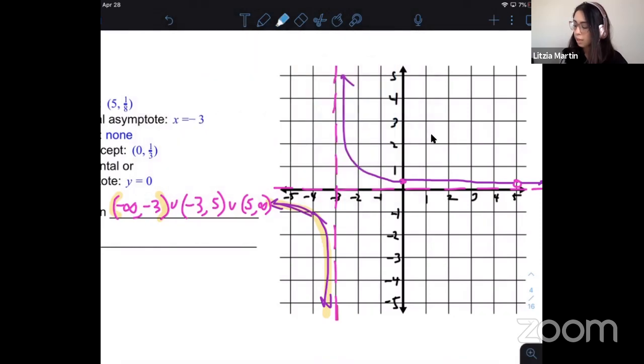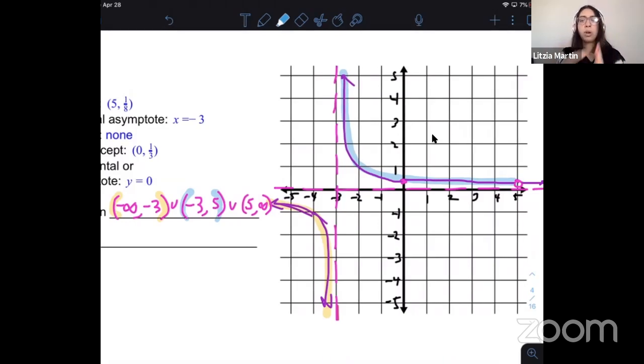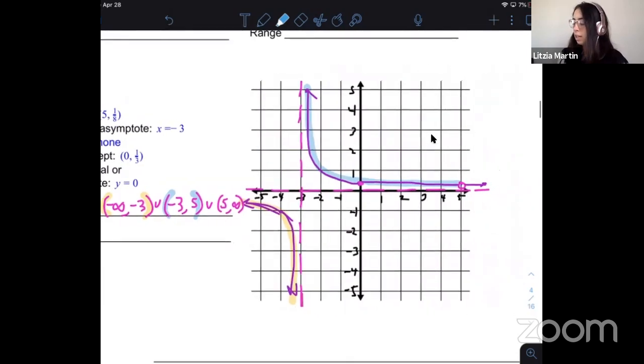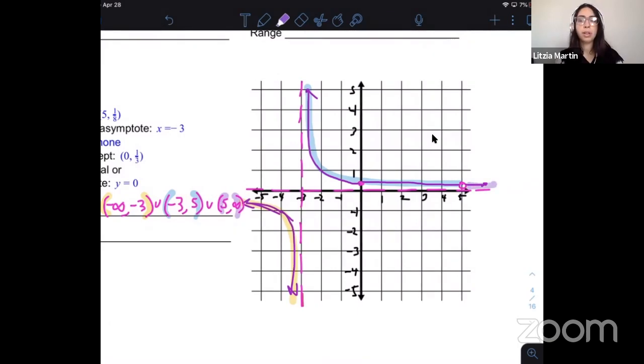And then we're going from -3 to 5. Let's see here, -3, and then all the way to 5 is where the hole is. So that makes sense there. We have a whole continuous piece there. And then lastly, 5 to infinity.